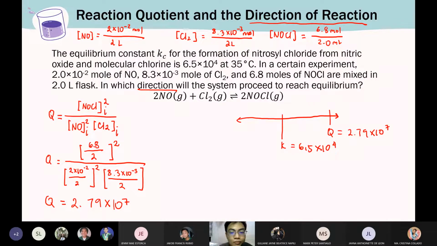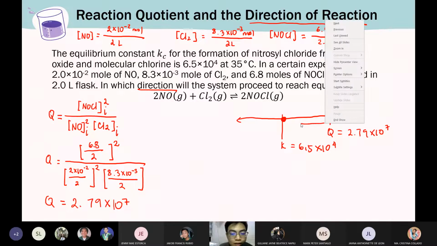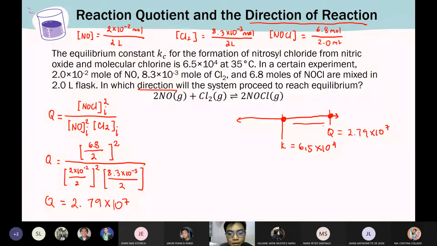Now, andito si Q. Sino gusto natin puntahan? Si K. So, andito si Q, nasa kanan. Si K, nasa gitna. So, what does that mean? Para si Q, para mapunta kay K, it needs to move to the left. So, from Q, papunta kay K, so to the left.